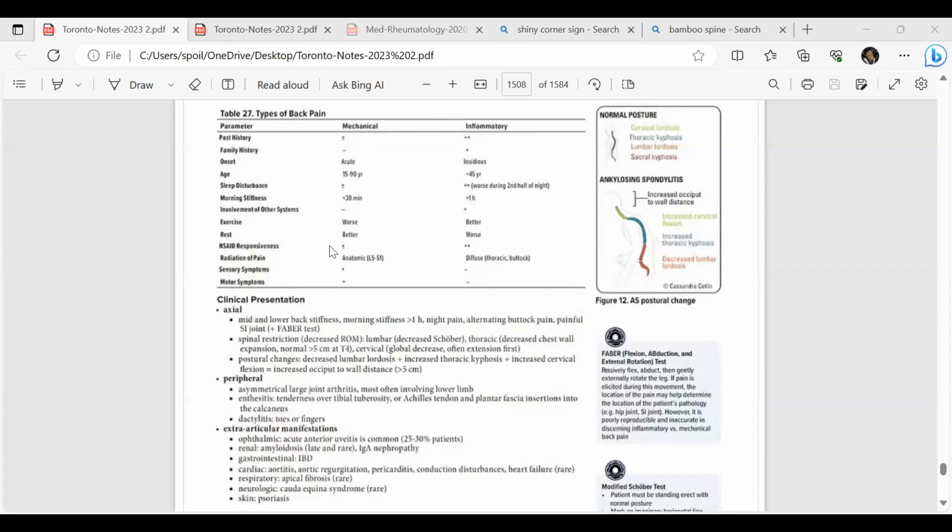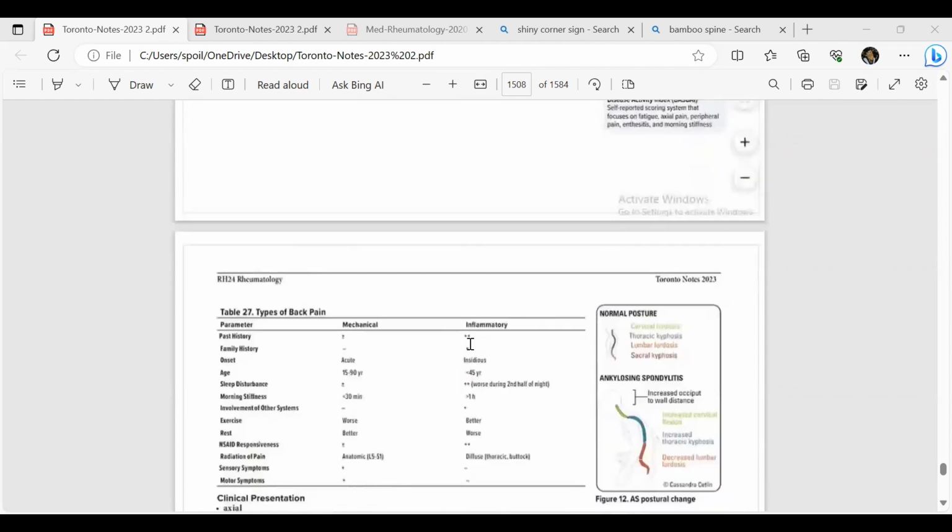Mechanical pain responds to NSAIDs, and inflammatory pain does not improve. Radiation of pain is present in mechanical in an anatomic pattern like L5 to S1, where the nerves are going, whereas here it is diffuse, and the pain areas are thoracic and buttocks. Sensory and motor symptoms are not involved in inflammatory.